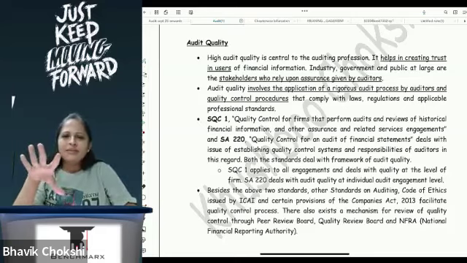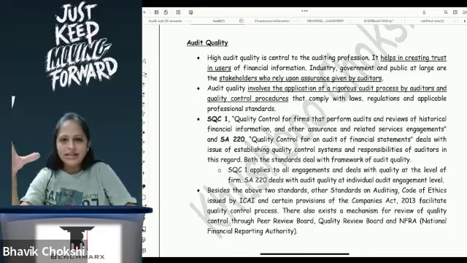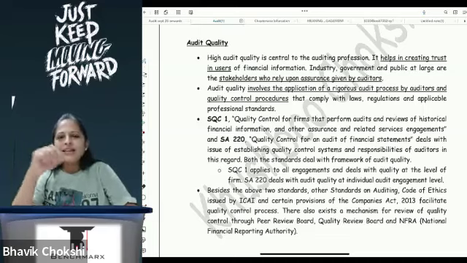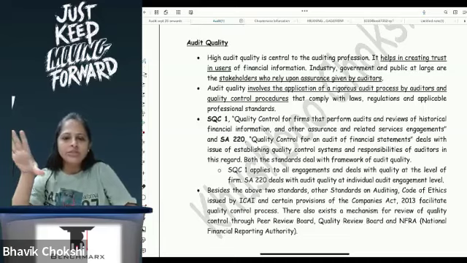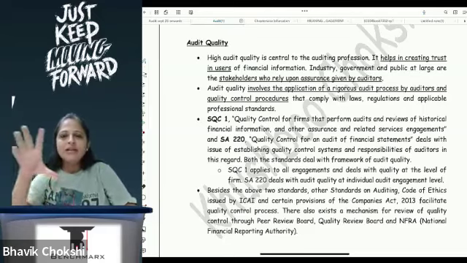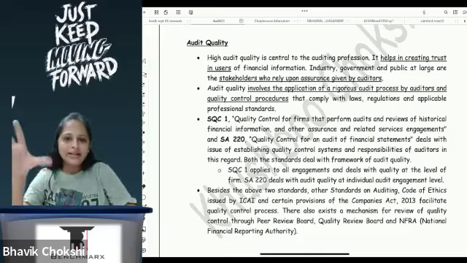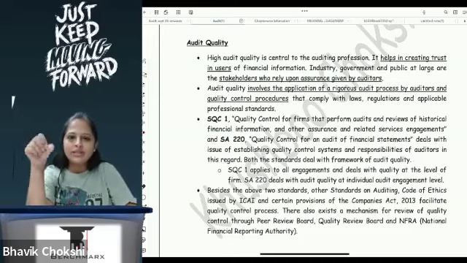A small CA may say, okay, he's given this information, this is the document I've got, and he'll not have proper documentation to maintain that. He'll take a Xerox, put it in his file and know that it is there. But in a Big Four, he'll put in the file and maintain a record of what has been taken, who has taken it, why it has been taken, so that anyone looking at that data in future will know how it was done and what was taken.